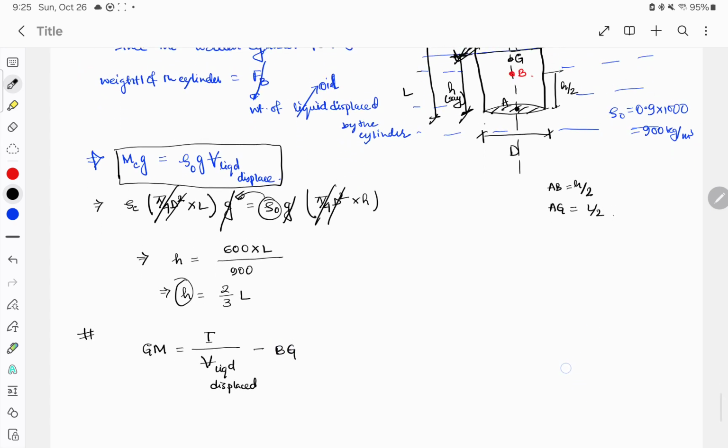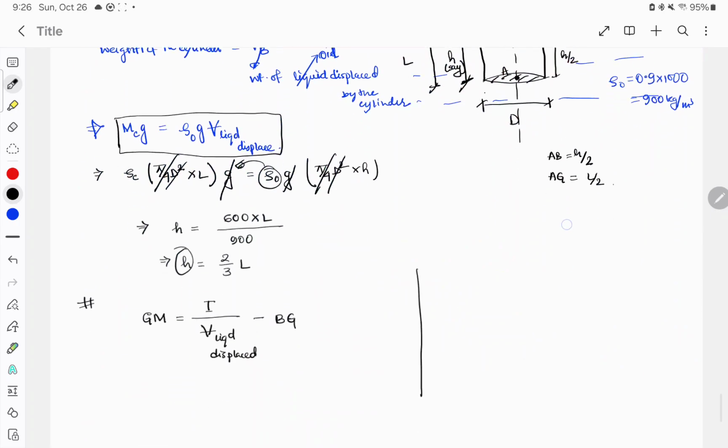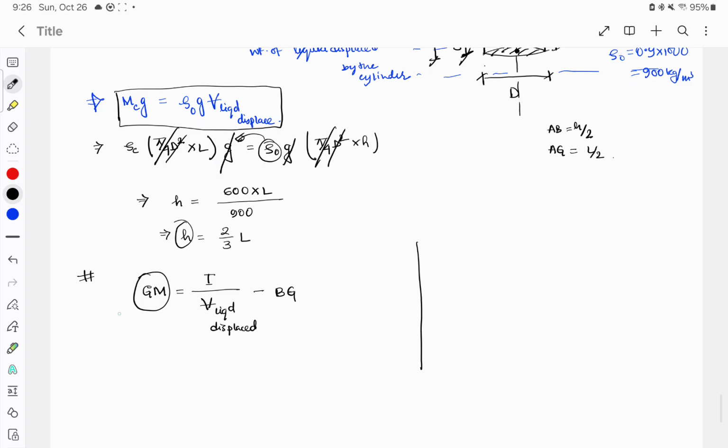So I have to calculate BG to use this formula, and they have said that this particular cylinder is floating, which means my GM is greater than 0. So I can use this condition. First of all, I have to calculate I, the volume of liquid displaced, and BG.